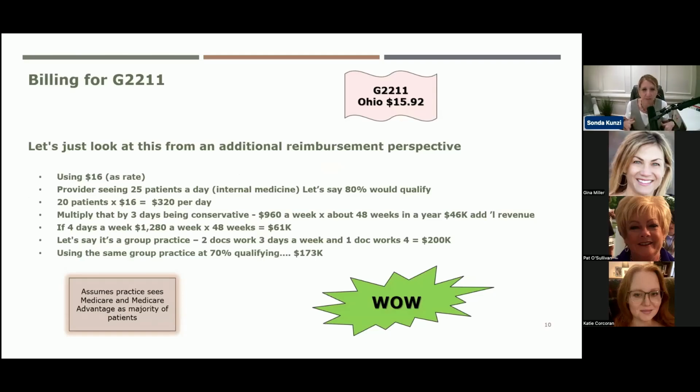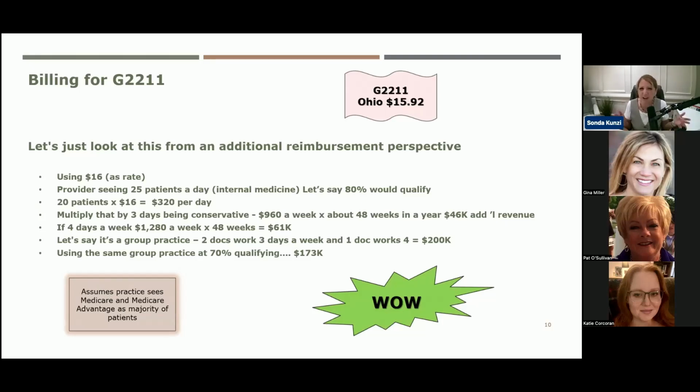We're just taking a random number here. That means you have 20 patients at $16 extra, $320 a day. So let's multiply that by a conservative doc who works 3 days a week: $960 extra dollars a week.